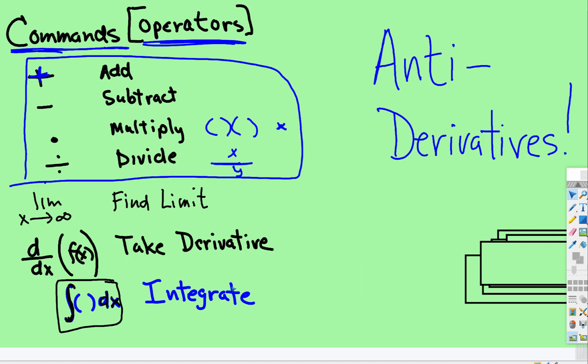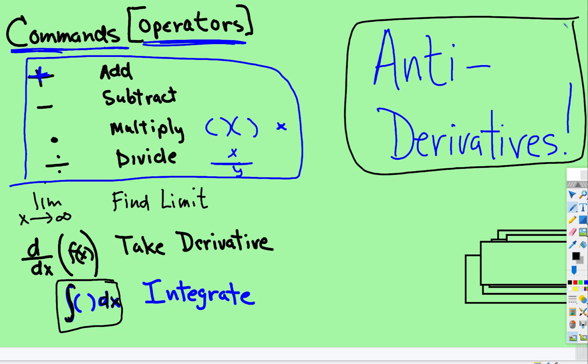So we're going to be working on integrals, but before we work on integrals, there's the process of finding an integral, which is antiderivatives, meaning you found the derivative, now go backwards to find the function.